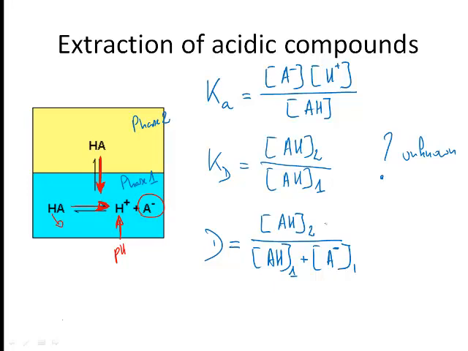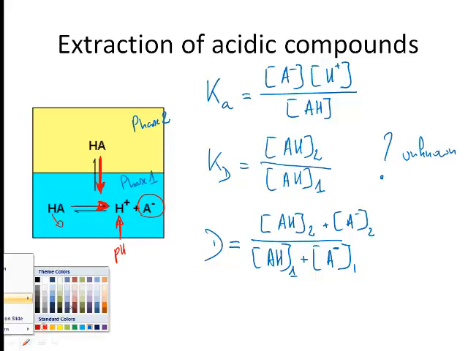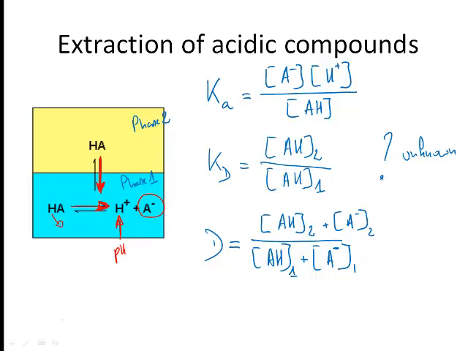In fairness, we could also have a concentration of A- in phase 2, but we know that by definition an acid cannot dissociate in an organic solvent, so there's no dissociation in organic solvent. So A- in phase 2 is equal to 0. That we can calculate, that we can measure. D is measurable.